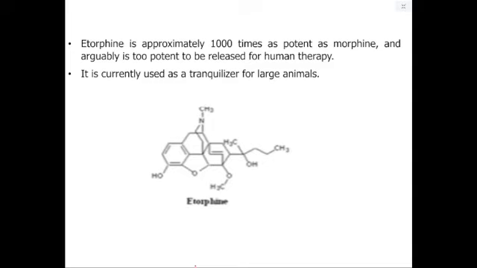Methadone is an important drug, mainly used in rehab centers, because it does not precipitate the withdrawal symptoms. When you give it to somebody who has been on morphine, it will have the same effect, but fortunately, it does not precipitate the withdrawal syndrome.